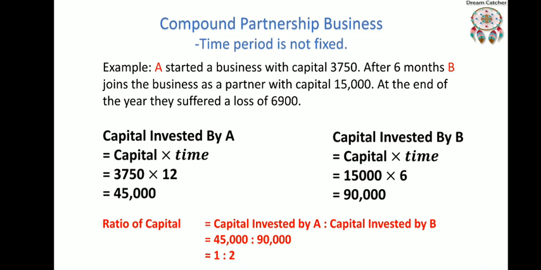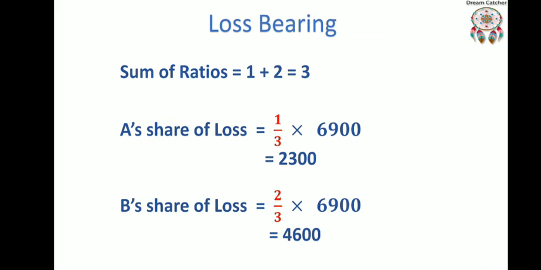And we find the ratio of capital invested by A, capital invested by B. Cancel the zeros, and then our ratio is 1 is to 2. And the business can also suffer loss. So here we are talking about A's share of loss and B's share of loss.